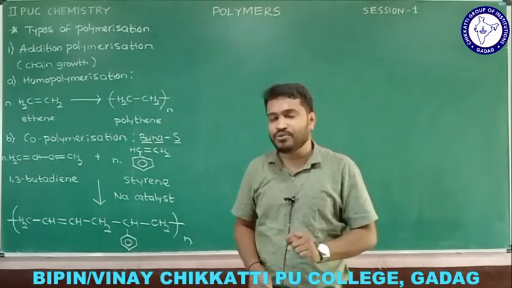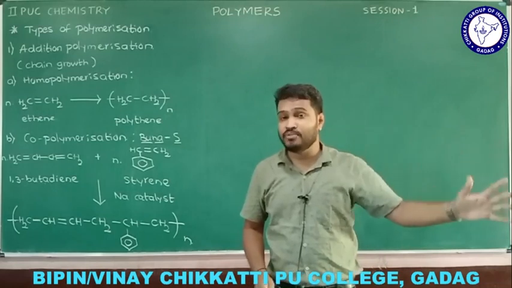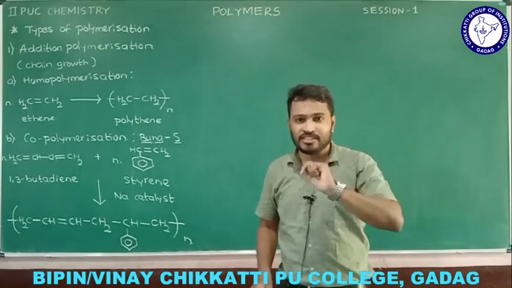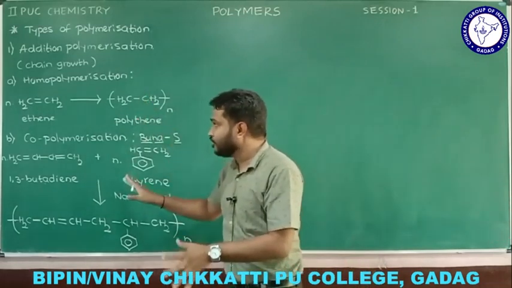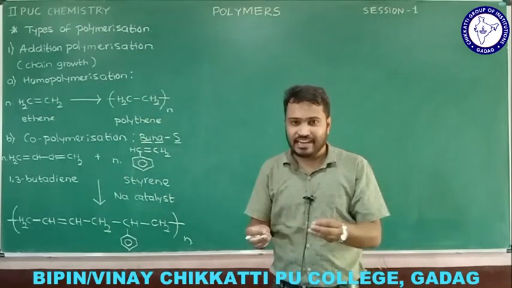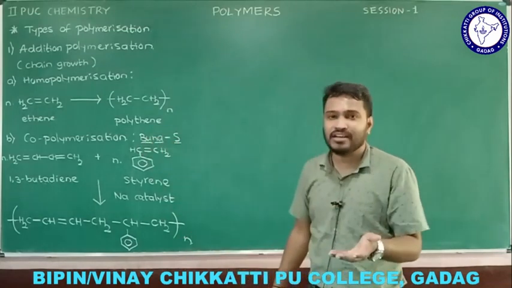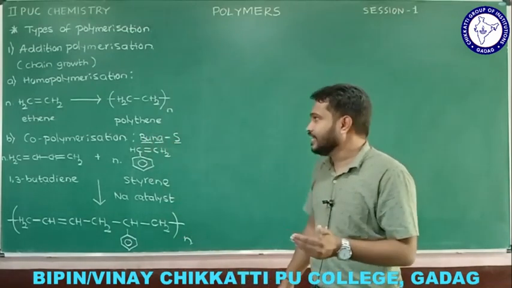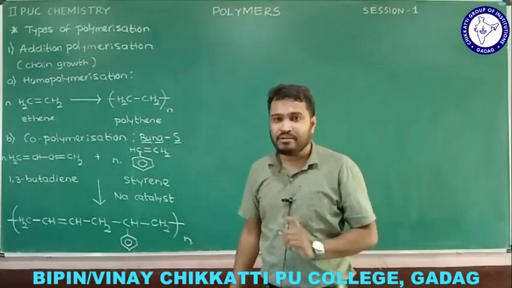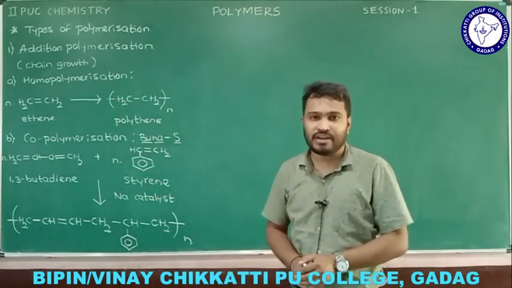One more point I told you: in case of addition polymers there will be no elimination of a simple molecule like water. Just see, in the first one and the second one we have not eliminated any simple molecule, we just added, isn't it? So since there is no elimination of simple molecules like water, I can say these two are examples of addition polymerization, and this is homopolymerization and this is copolymerization.